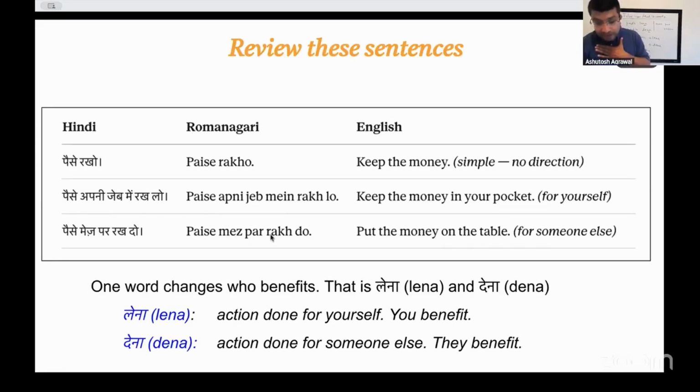Versus मैंने coffee मेज पर रख दी for the others. Right? When I'm putting the coffee on a desk, मैंने रख दी so that other people can have the coffee. So lena is really action done for yourself, you benefit. And dena is action done for others so they benefit.